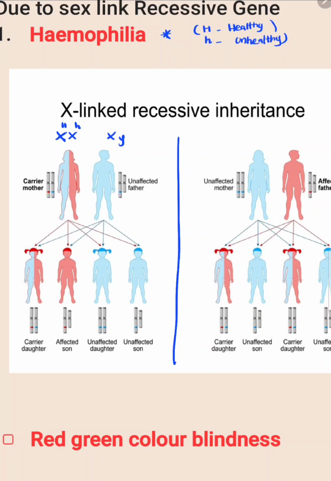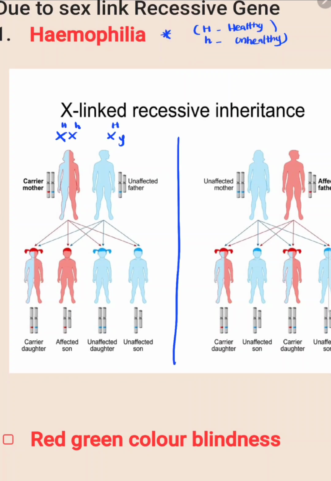If she is healthy, both chromosomes are capital H. If she is unhealthy, she has small h. Carrier means one is dominant, the other is recessive. The healthy male has capital H only.